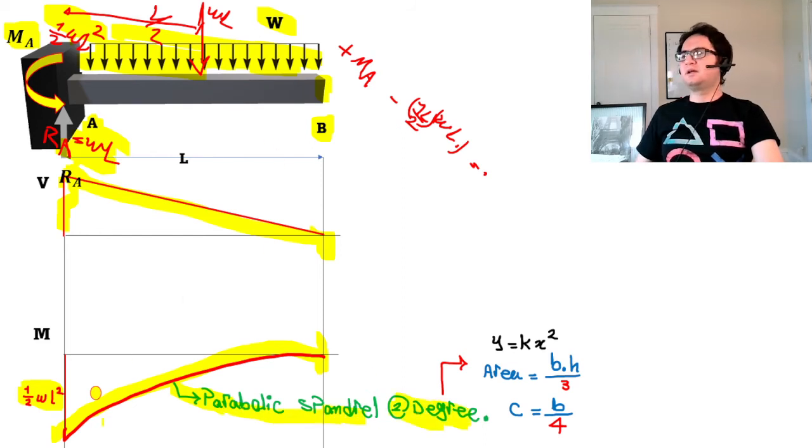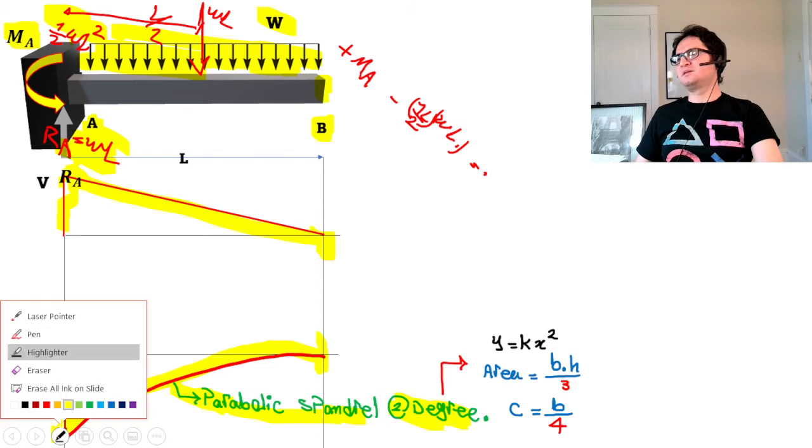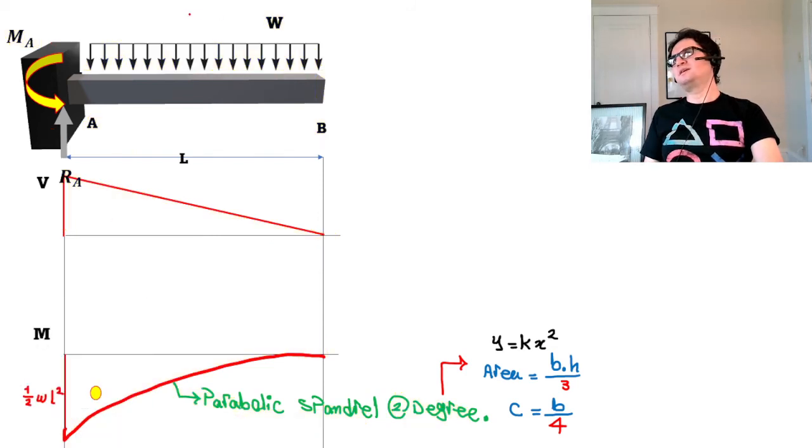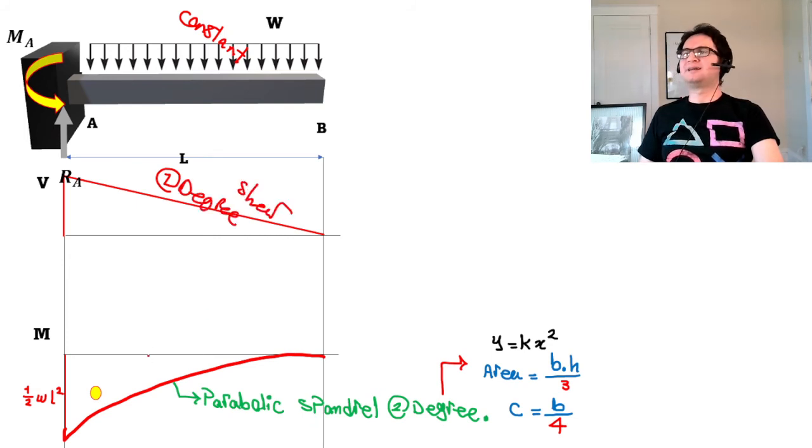Let's make it a bit cleaner. Do you remember we talked about if there is a constant load, we have 1 degree in shear and second degree in moment.